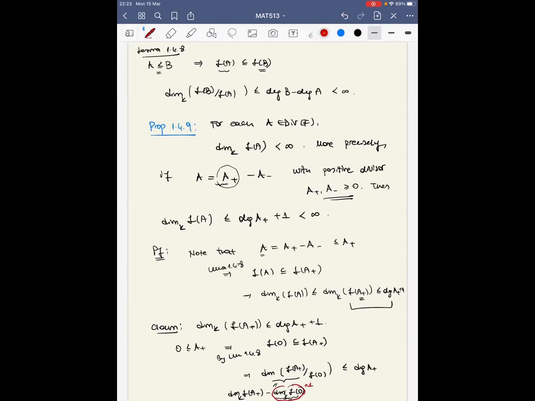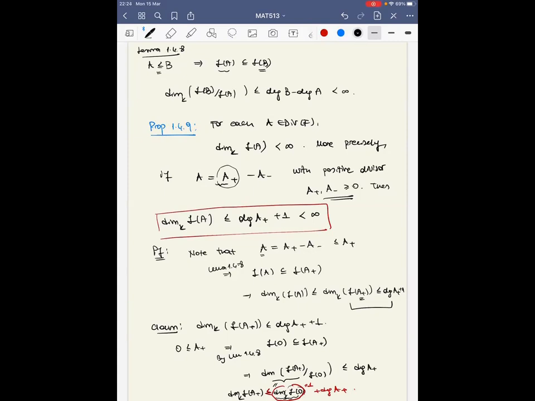So if we move this 1 to the other side, we get the desired result.